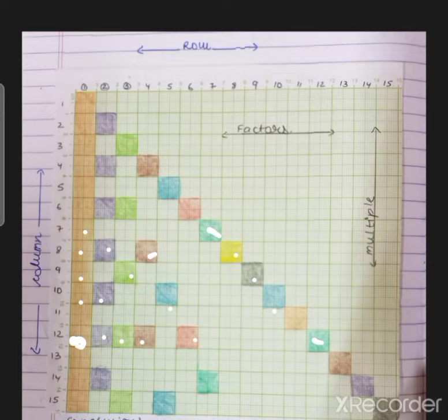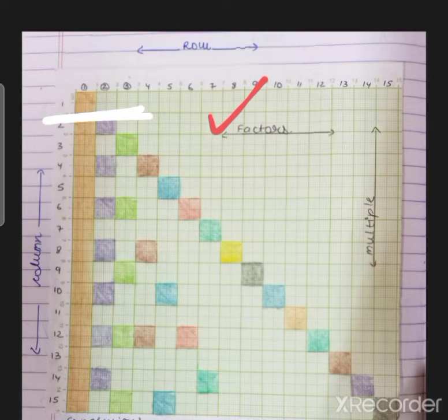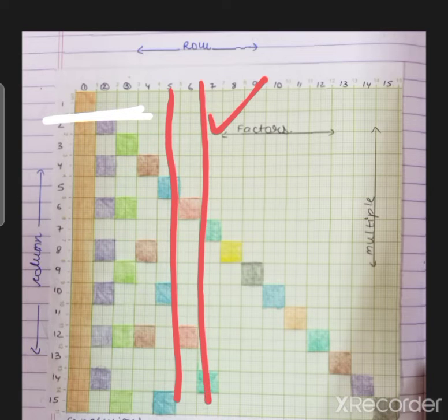So basically in the rows, that means I'm talking about this, factors are given, and in the columns, if you just see it like this, multiples are given.